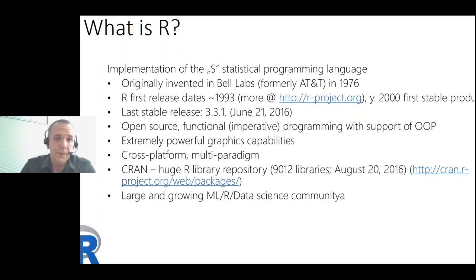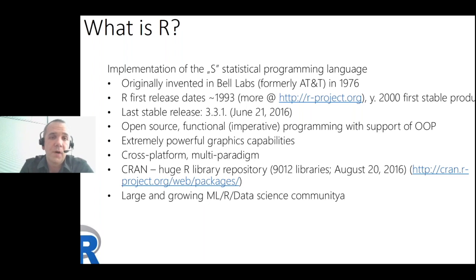So what is R? R is a quite old statistical programming language developed in the 70s, but it has gained much more popularity in the past 15 years. One reason given was that it's free, open source software, with the community being able to create and develop different libraries.